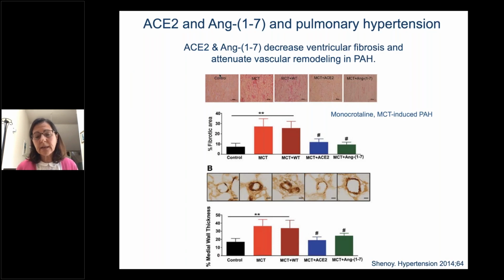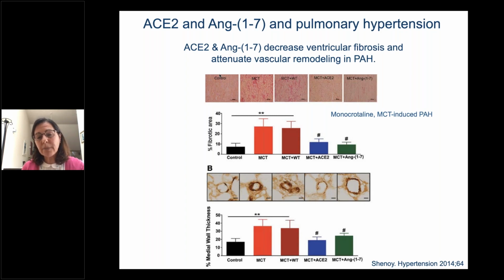Here is another study implicating an important role for ACE2 and Ang 1-7 in terms of their protective effects. In this very interesting study by Raizada's group in Florida, they looked at monocrotaline-induced pulmonary hypertension. And what we can see is that in these mice that have pulmonary hypertension, they have marked cardiovascular fibrosis indicated on the top panel and associated vascular remodeling.